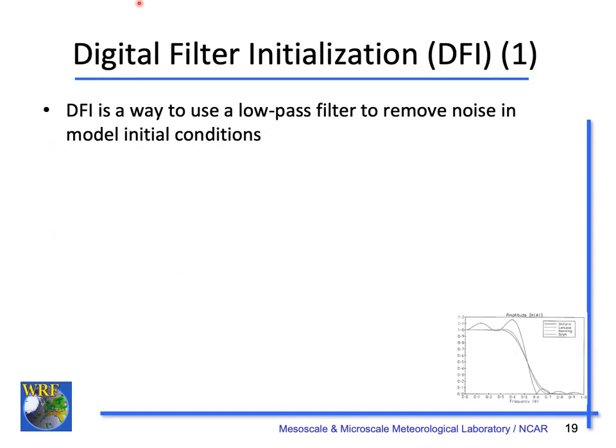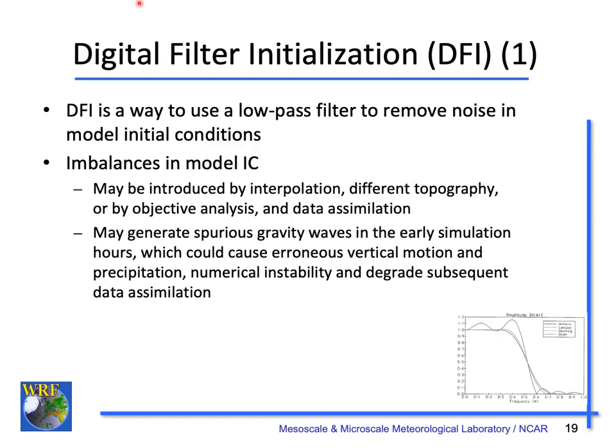The next option we're going to talk about is the digital filter initialization option, or DFI. What is DFI? DFI is a way to use a low-pass numerical filter to remove noise or imbalance from the model initial state. Why is the model initial state not balanced?